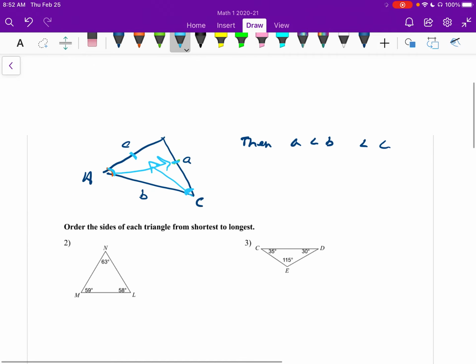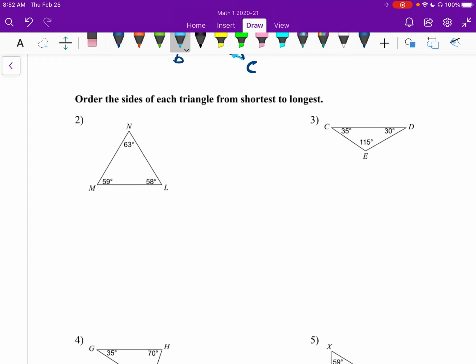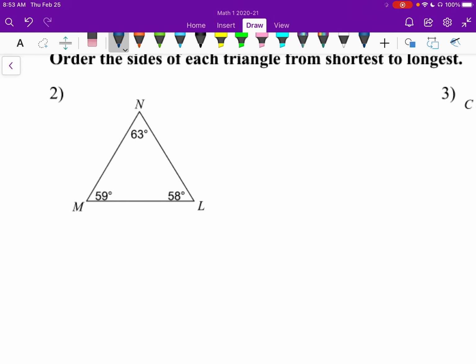All right, so let's go and look at this. We're going to order the sides from shortest to longest. The sides aren't listed here, so we're going to have to label them. So this side here, it starts at N, it ends at L. It's going to be called NL. Sometimes we put a little segment above it. Let me see what CUDA will list.